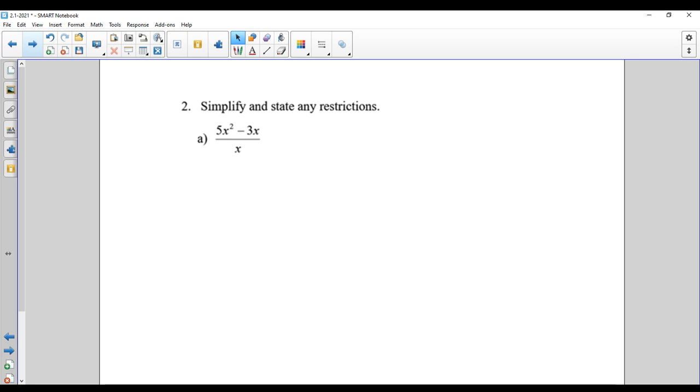That goes for the top and the bottom, the numerator and the denominator. So look at that numerator and see if you see any common factor between the terms in the numerator. Is there anything that's common there? Yes. So we can factor it out.